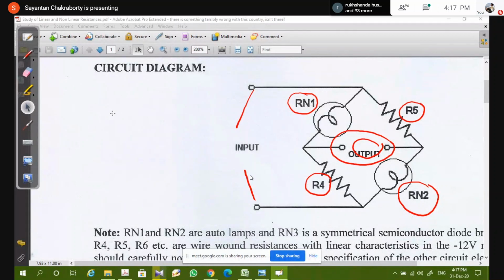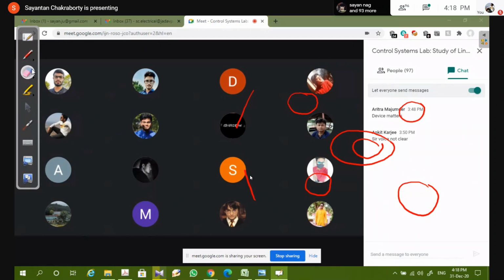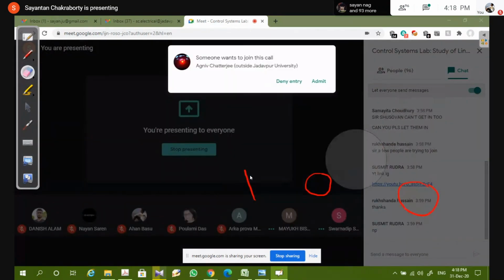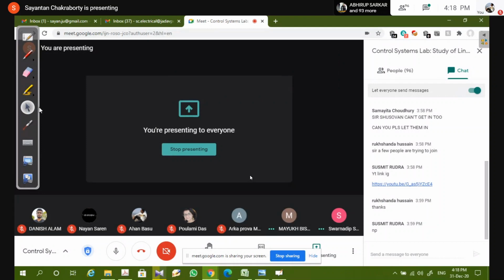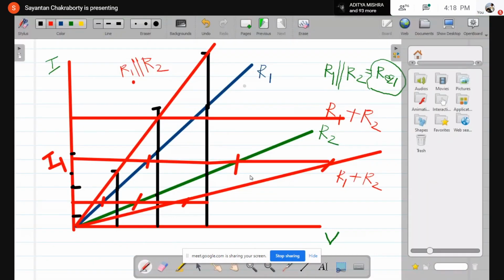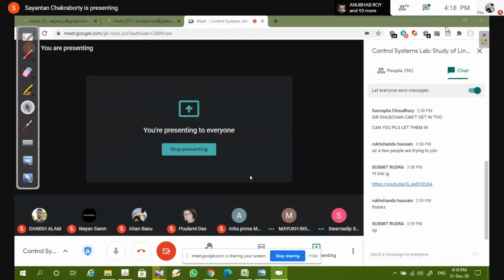Whether it will increase with increasing input or the output will decrease with increasing input. Any idea? Anyone? Are you there?